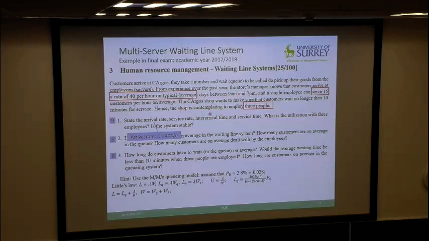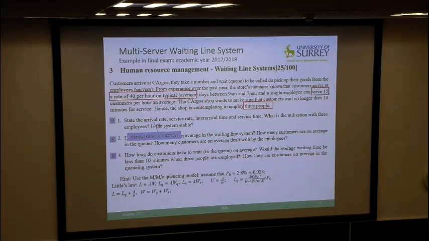The shop is trying to employ 3 people, and a single employee can serve 15 customers per hour. So this is the service rate for a single server: every hour we serve 15 customers. The arrival rate is roughly 40 per hour on a typical day, an average arrival rate of 40 people per hour.